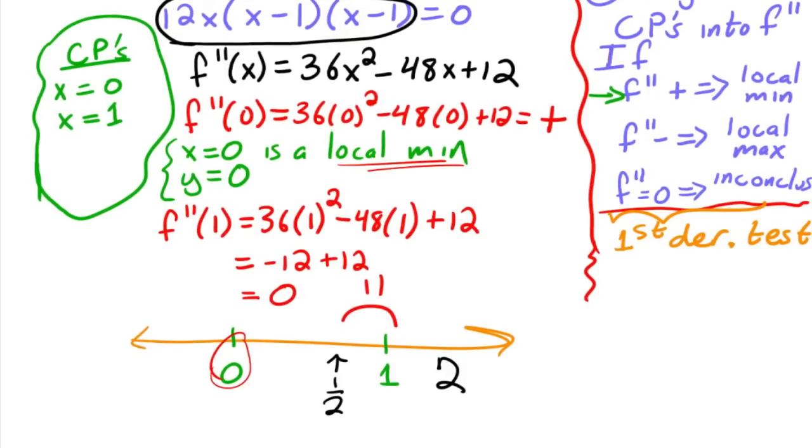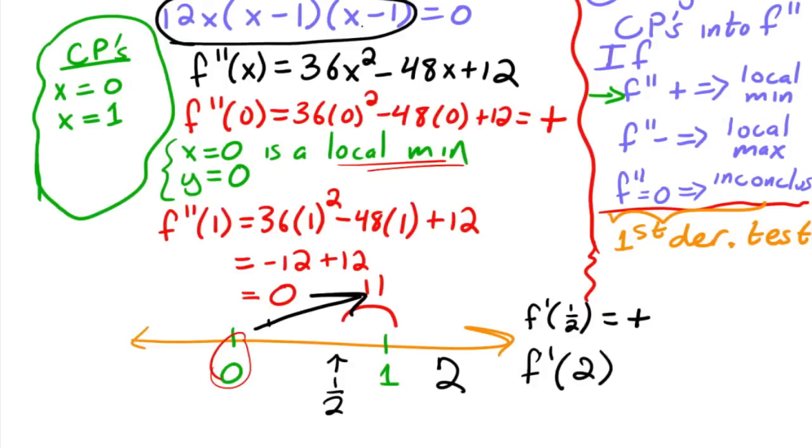Okay, so hopefully you remember how to do this. If you plug in 1/2, you're going to get a positive number. So that means that here it's increasing. And if you plug in 2, you're going to get another positive number, which means it's also increasing.